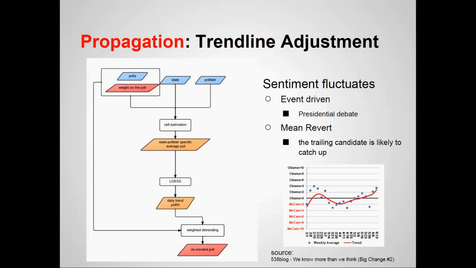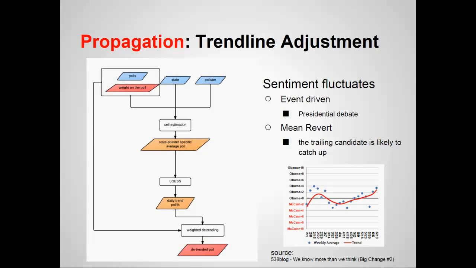What he actually did is he aggregated the polls into state-pollster pairs. For each pair, he basically aggregates polls. Let's say NBC did 5 polls in Ohio. Then those 5 polls will be put together into that cell, and we will come up with a weighted average poll, right?